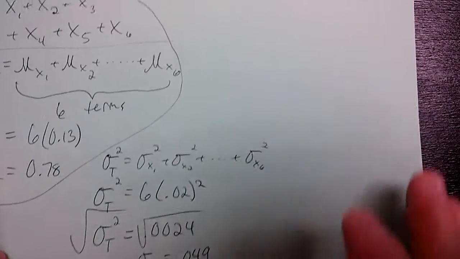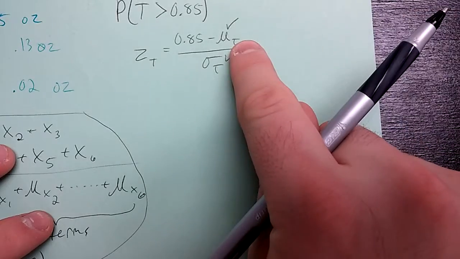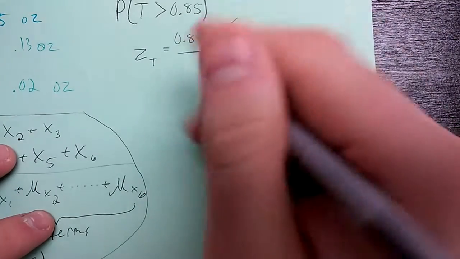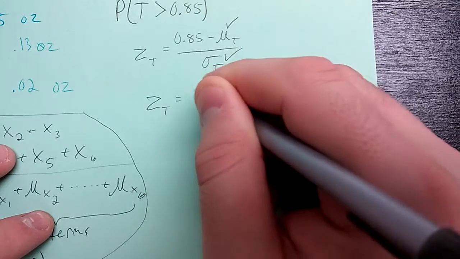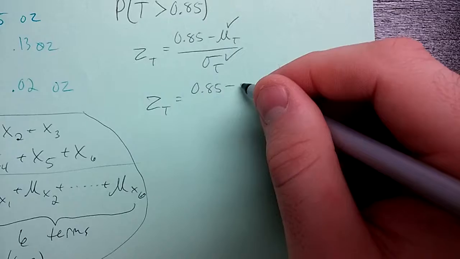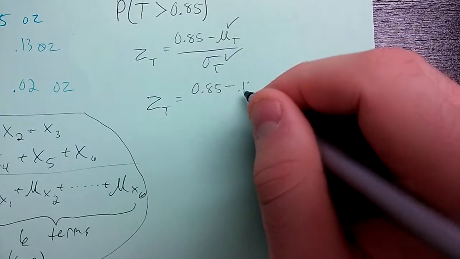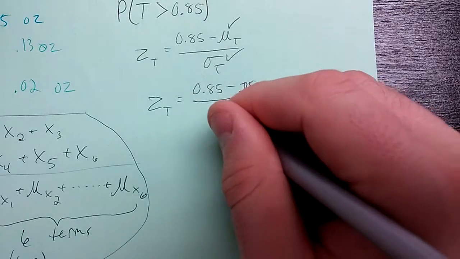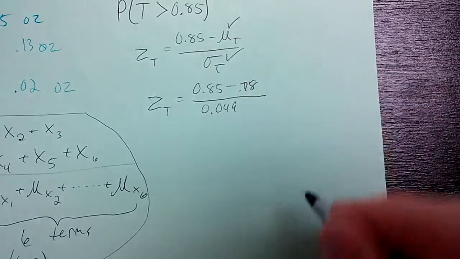So we now have the mean of the total and the standard deviation of the total. Now we plug in those two numbers: 0.85 minus, sorry, not 0.8, 0.78, divided by 0.049.